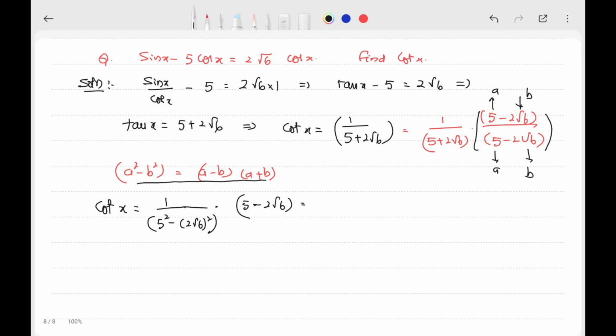That is equal to 1 by 5 square is 25 minus 2 into root 6 whole square will be 4 into 6.